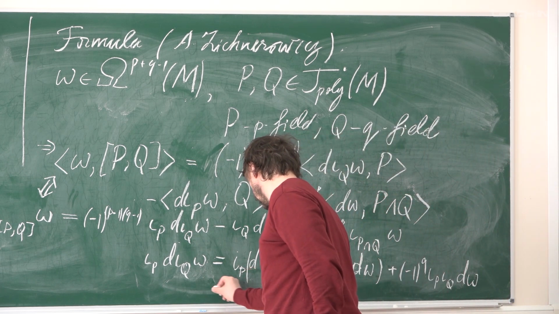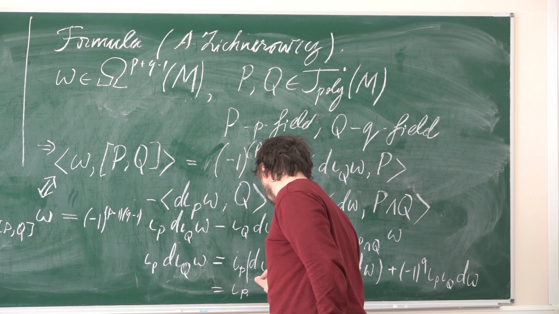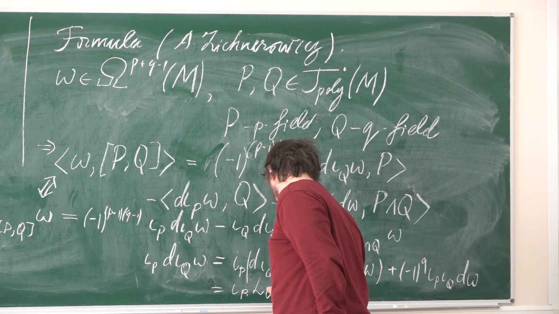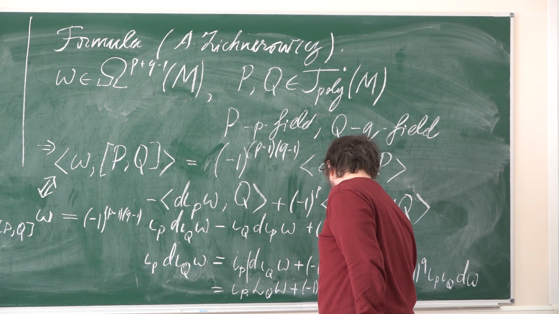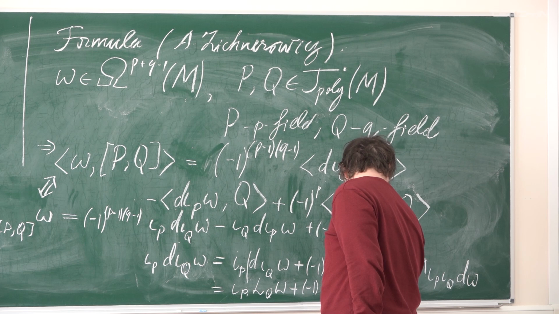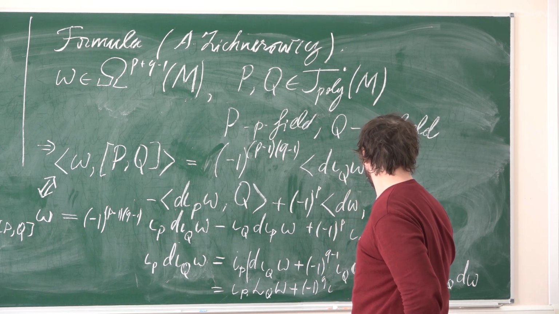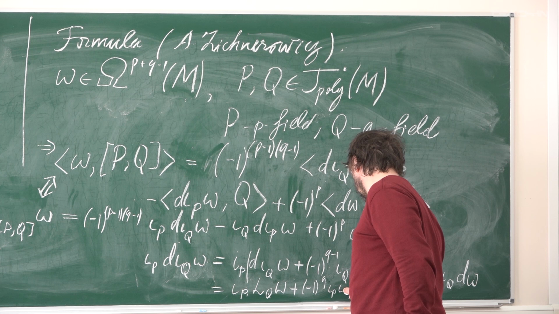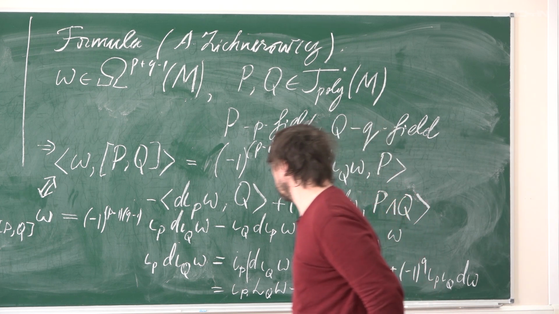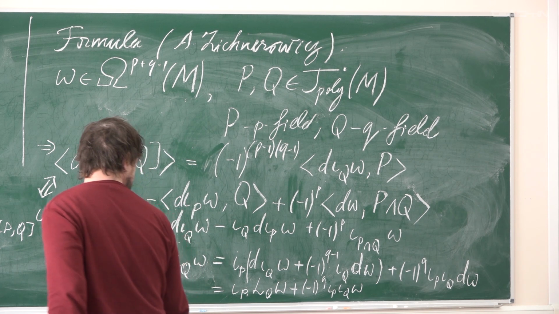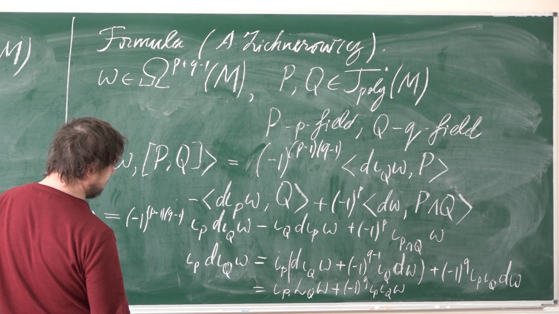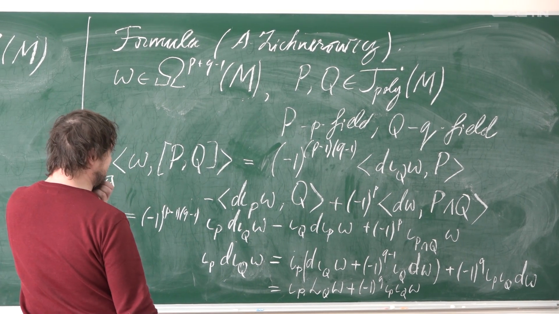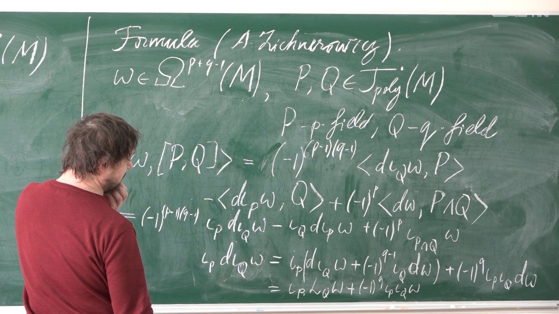So this is equal to I_P L_Q omega plus minus 1 to some power q I_P I_Q omega, right? I just need to check if the sign is correct, but we need to.